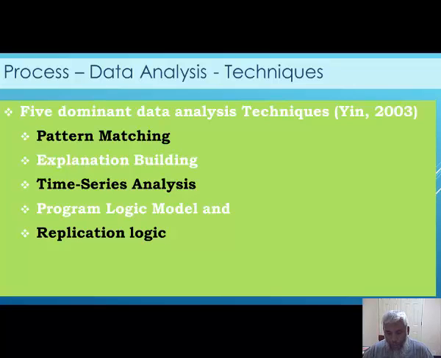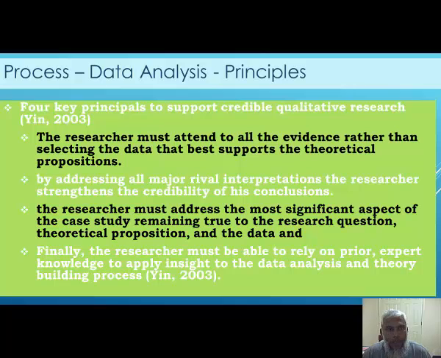So to support credible qualitative research, what are the key characteristics of a researcher to make his or her research more acceptable to the community? First, the researcher must attend to all the evidence rather than selecting the data that best support the theoretical propositions. Second, by addressing all major rival interpretations, the researcher strengthens the credibility of his conclusions.